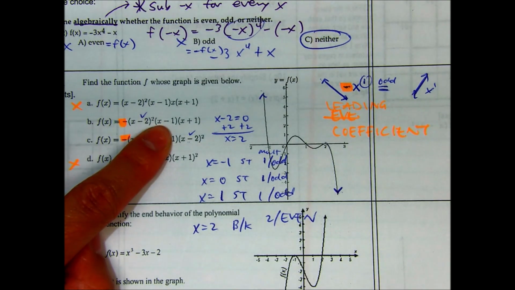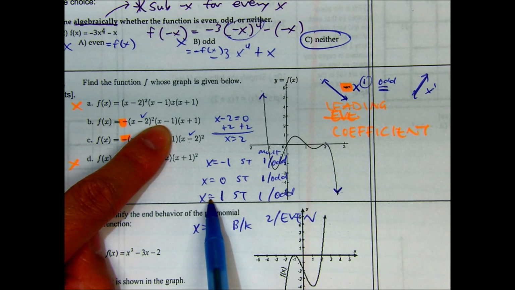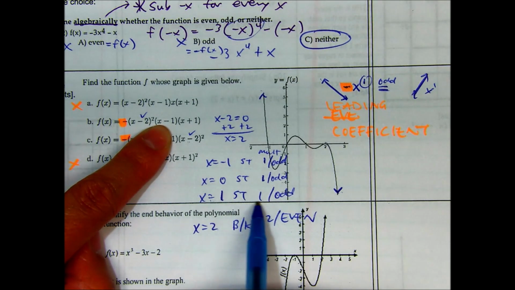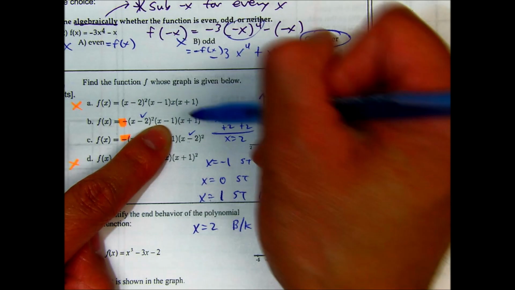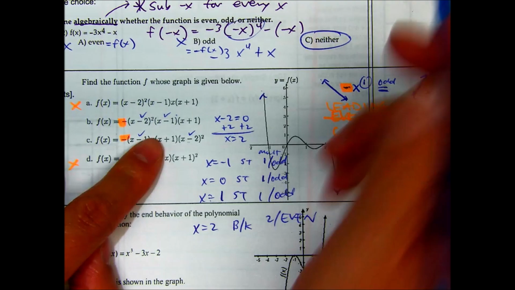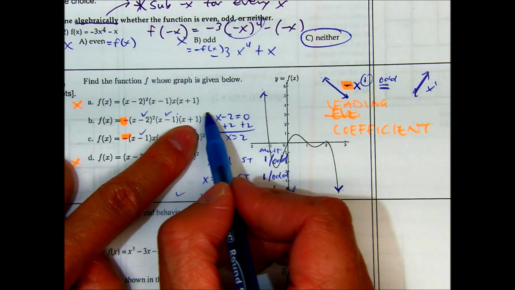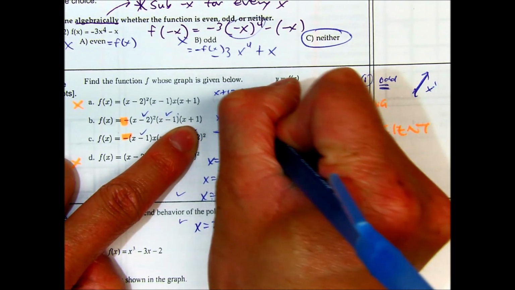X minus 1 is the same thing as x equals 1. So we have that with an odd power of 1. Remember, there's a power of 1, there's nothing there, so that works. So we got the 2's, we got this one. X plus 1 is the same thing as x equals -1.